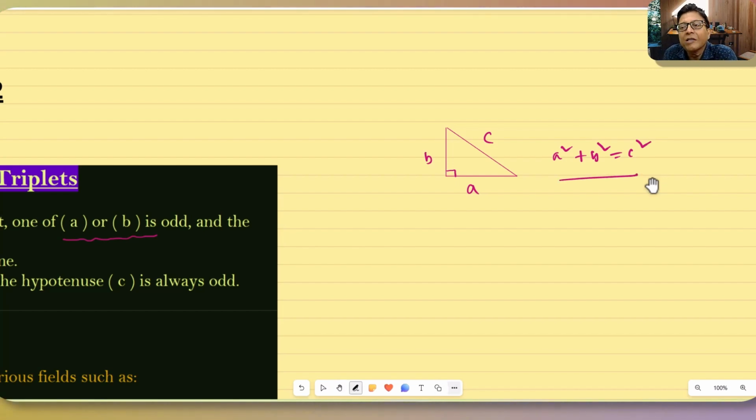These are primitive Pythagorean triplets, and there may be many similar triangles, I mean infinitely many similar triangles, whose sides are common multiples of A, B and C.